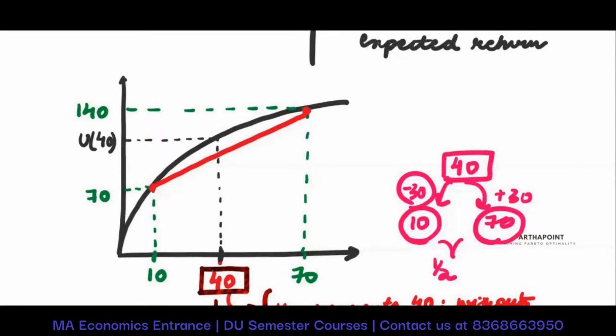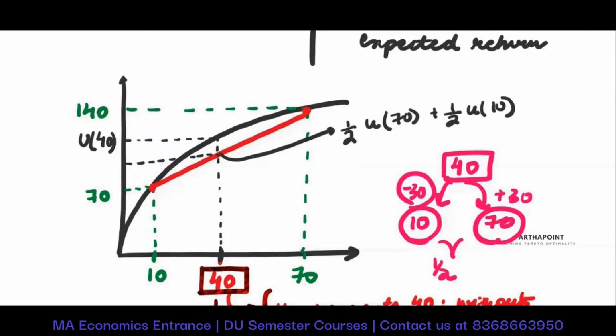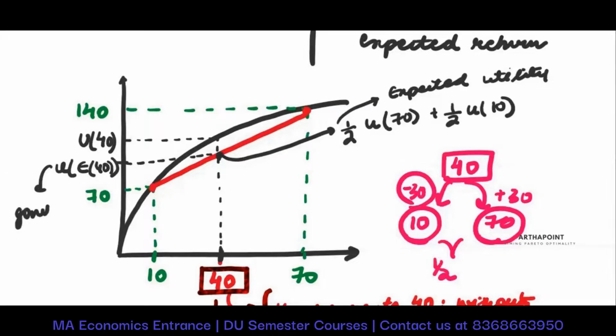And if you take this 40 to the line, then this line represents half into utility from 70 plus half into utility from 10. So this point represents your expected utility. This is the utility you get by the expected value of 40, which means by playing the gamble.